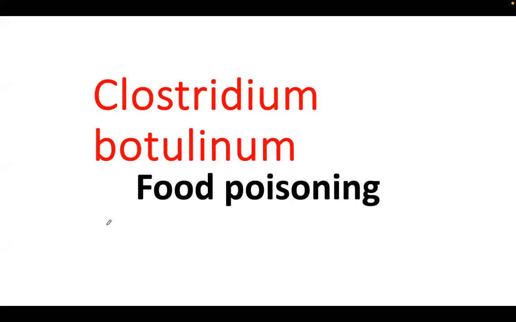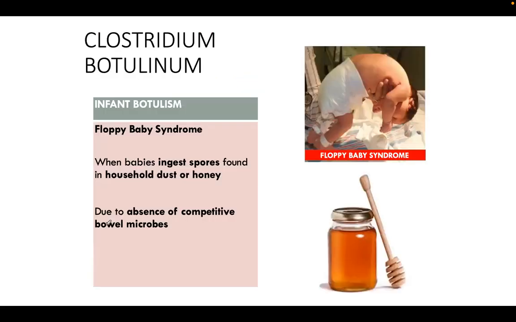Now, Clostridium botulinum is associated with food poisoning. It's also associated with what we call the floppy baby syndrome. This is the infant botulism. So this is associated with ingestion of what food product? It's particularly honey.